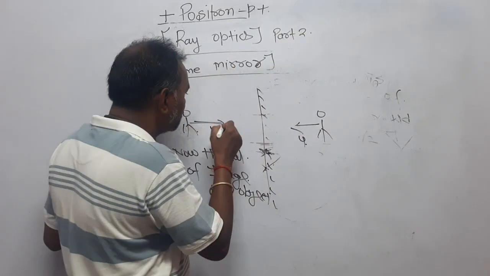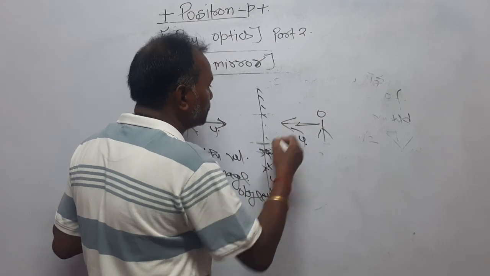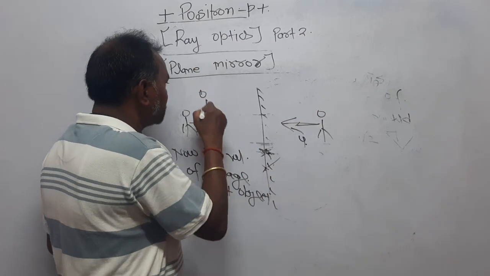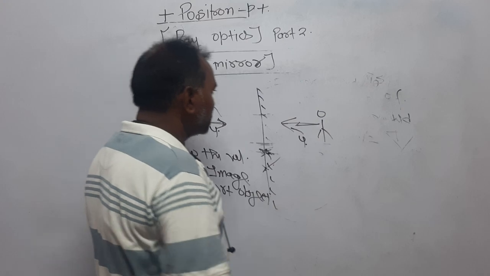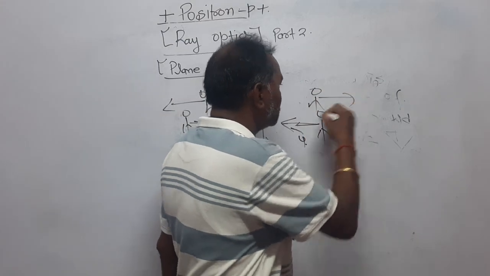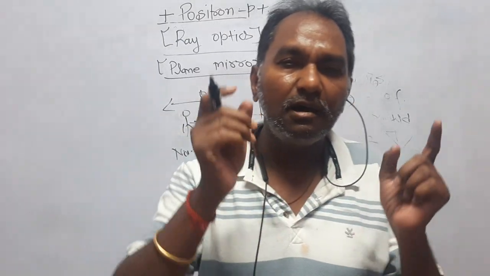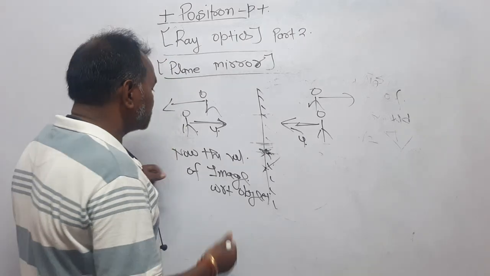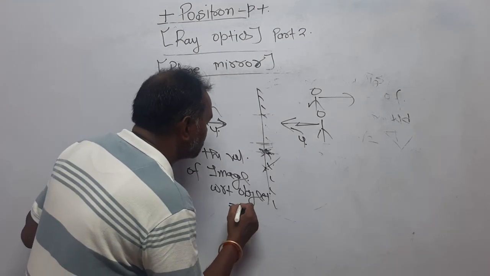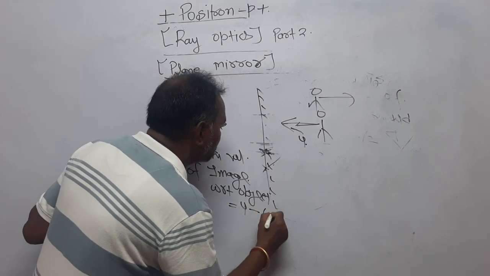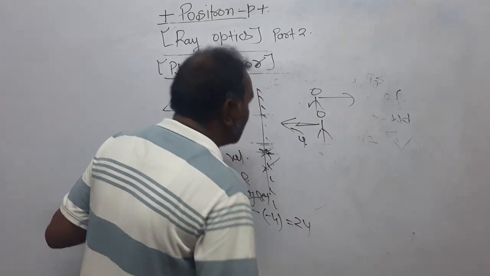If the object is moving leftward, then the image will move rightward. In both the cases, they are moving opposite to each other, and in this case the relative velocity will be u plus u, that is 2u, right?